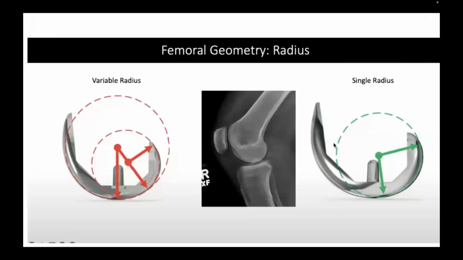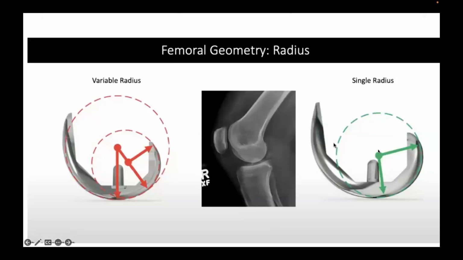It includes the most commonly used designs, like PFC, Sigma, Gen 2. Most common designs have this variable radius. On sagittal view, there is a large radius anteriorly, a smaller radius distally, and an even smaller radius posteriorly. The aim of the smaller radius of curvature posteriorly is to increase freedom, allowing more femoral rollback.